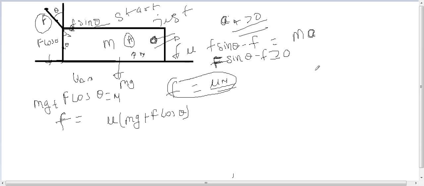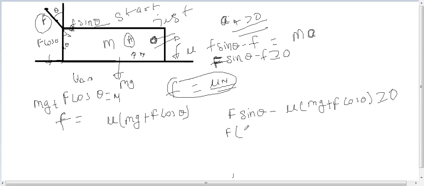Okay guys, so let me put this value. So F sin theta minus mu (mg plus F cos theta) must be greater than or equal to 0. So taking F common, F (sin theta minus mu cos theta) must be greater than or equal to mu mg.